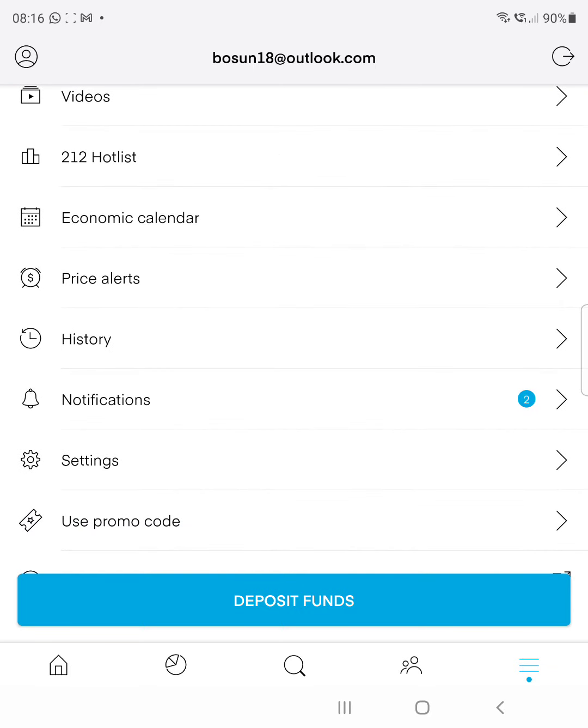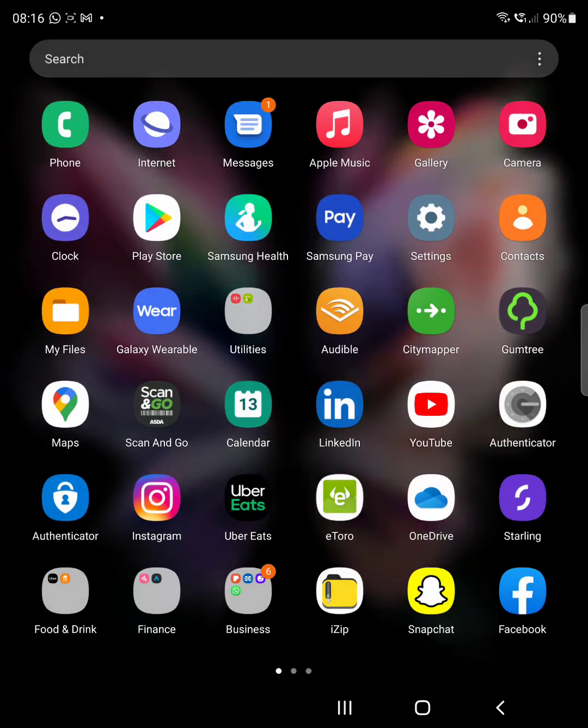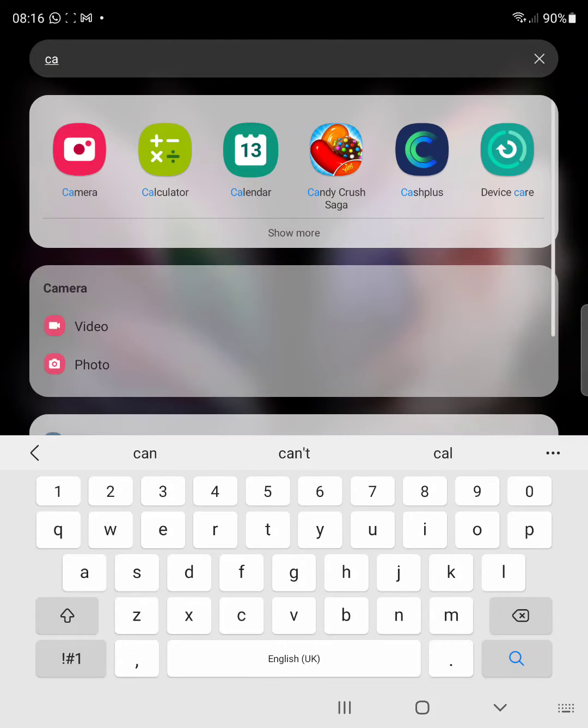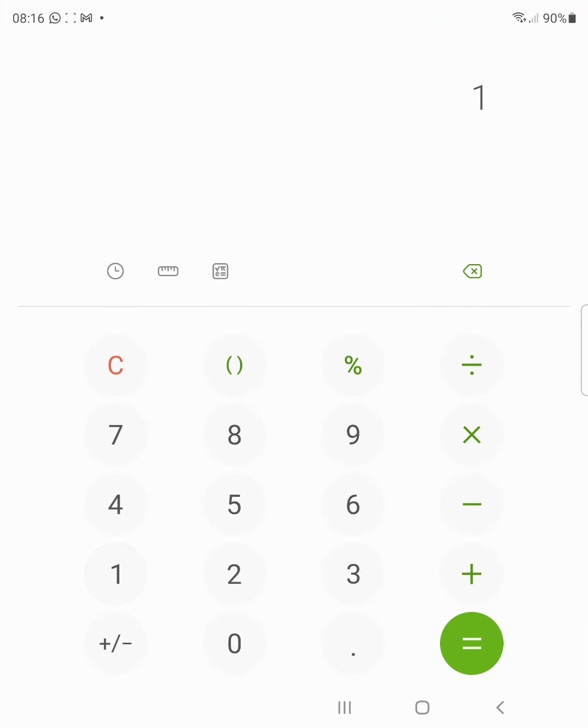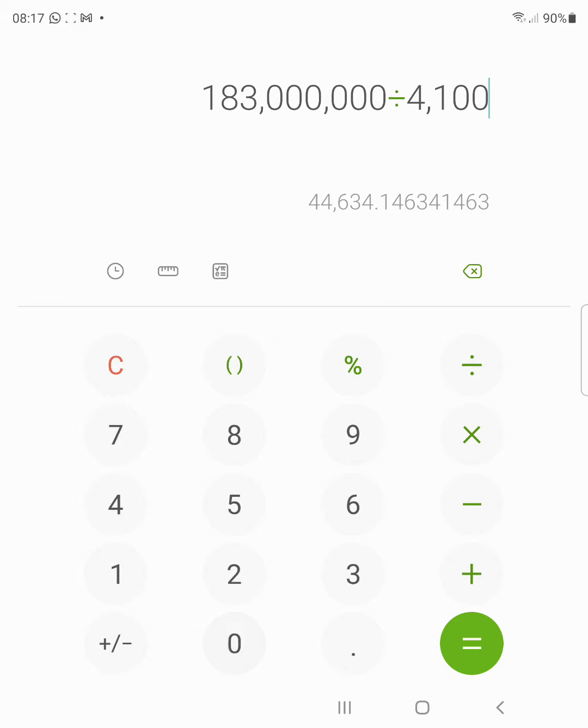If you look at the ratio of market cap to employees, if we go to the calculator, we do market cap 1.83 million, 123, divided by 4,100, equals.